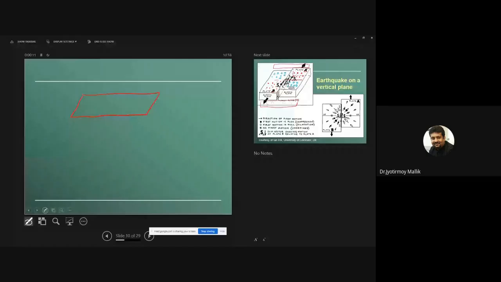Okay, this is my ground surface. That means I can denote that with some trees, maybe. Here is my ground surface. And the earthquake has happened down here, so here is my fault.